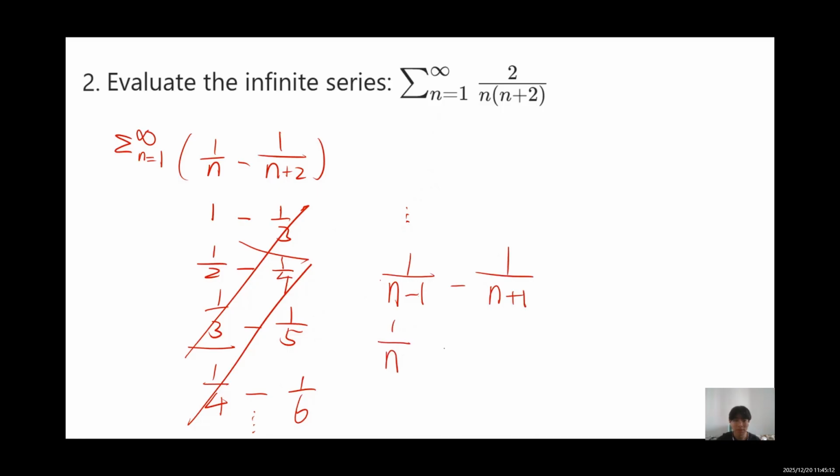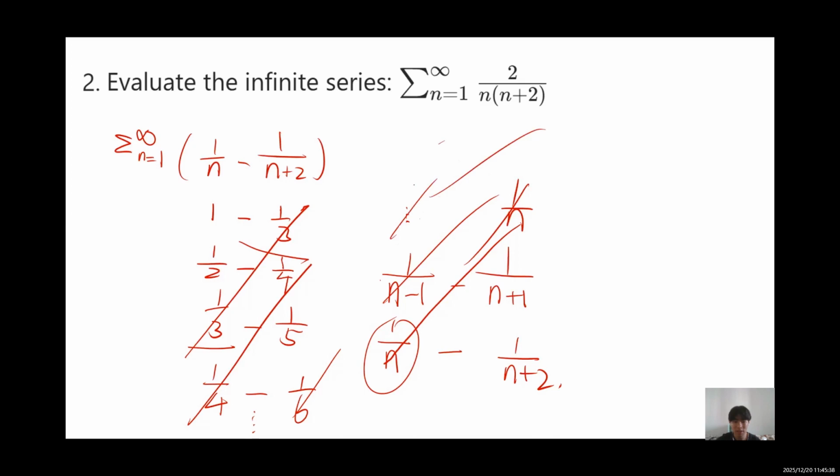Then 1 over n minus 1 over n plus 2. Okay, let's cancel. You may ask why it's cancelled. You can just refer to the previous terms. So cancel.